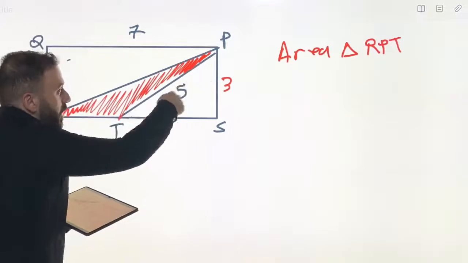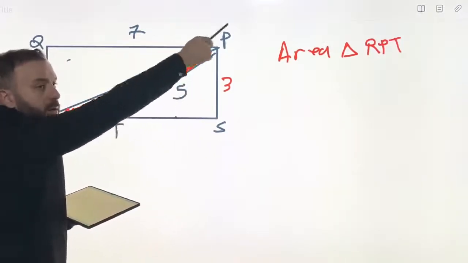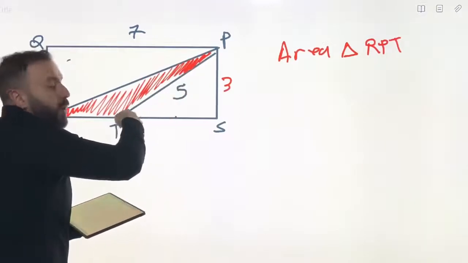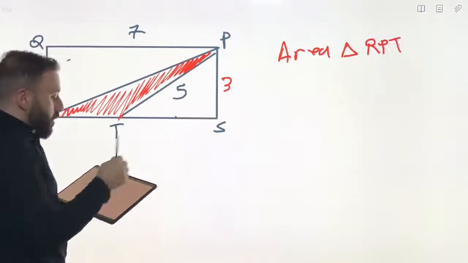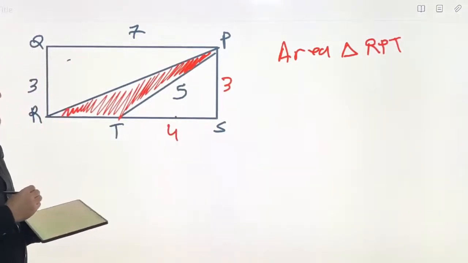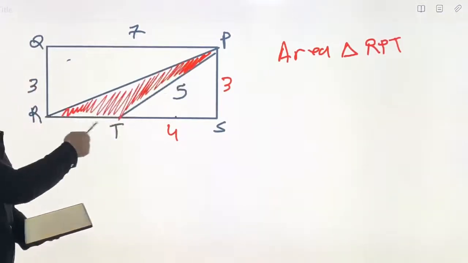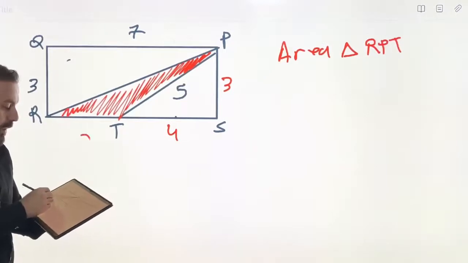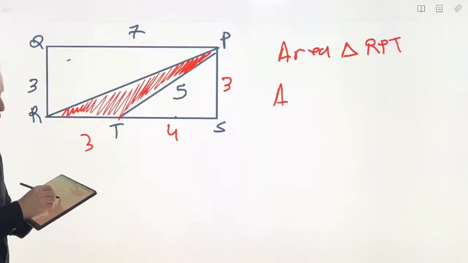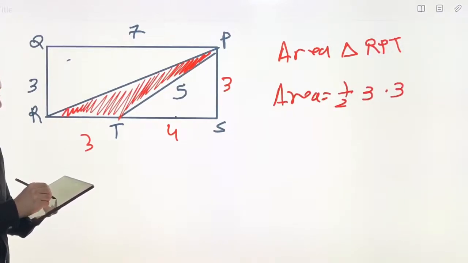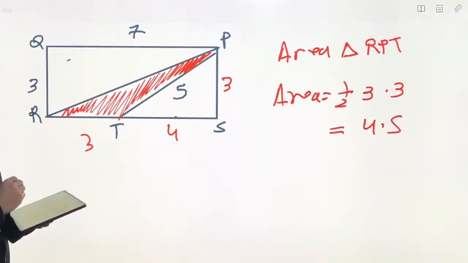First step, I need to use the Pythagorean theorem: radical of 5 squared minus 3 squared, minus because 5 is the hypotenuse. This is equal to 4, right? And the whole side is 7, so the remaining part is equal to 3. So the triangle area, in this case, is half times 3 times 3, which is equal to 4.5.